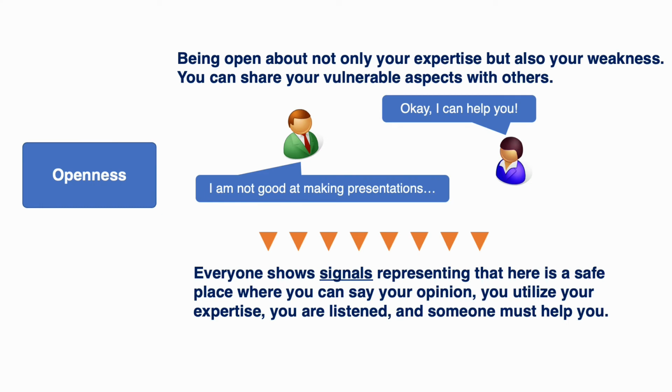To be open has a lot of aspects. First, you have to open yourself. You should even open your weak points. You can easily ask for help from other team members. It makes the team a safe place where you can say your opinion more freely, offer your expertise in a more flexible way, and help others easily.